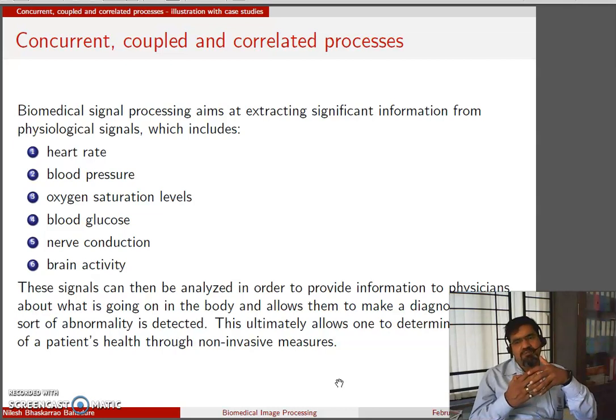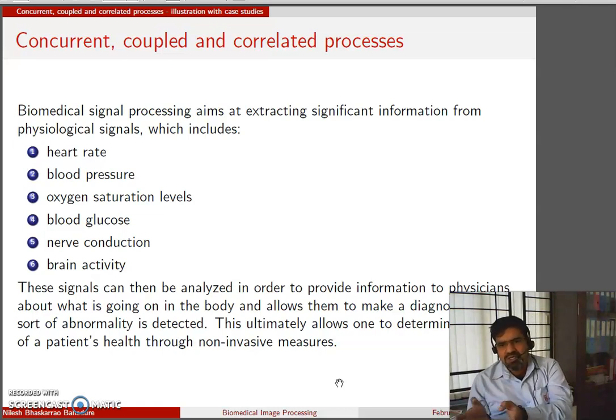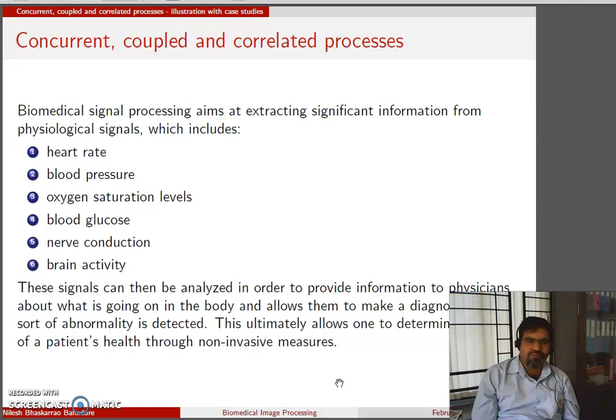So these are some of the important criteria that we have to detect, because overall they have an impact on the human body, and measuring all of these allows the radiologist or doctor to make a diagnosis.